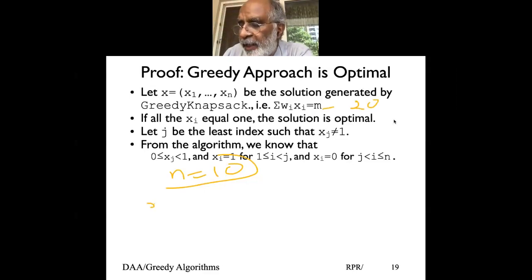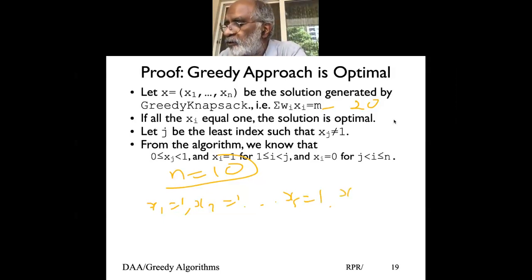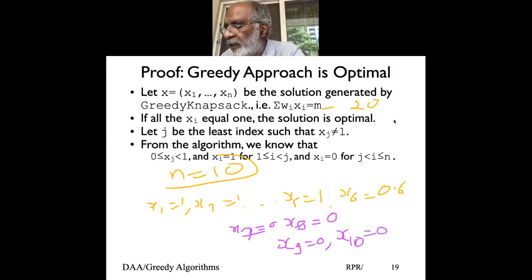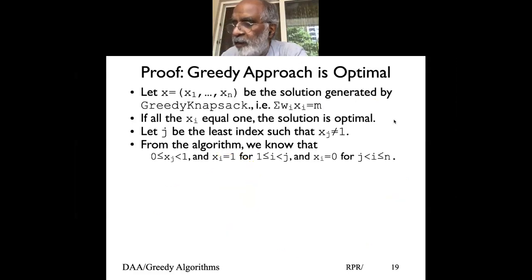I have put x1 is 1, x2 is 1, till x5 is 1, and my 6th item I take partially. So let's say x6 is 0.6, and then x7 is 0, x8 is 0, x9 is 0, and x10 is 0 again. And that is what I'm basically depicting here.